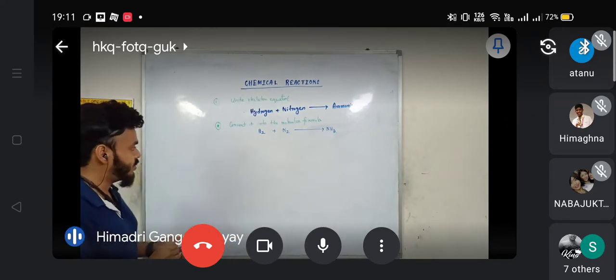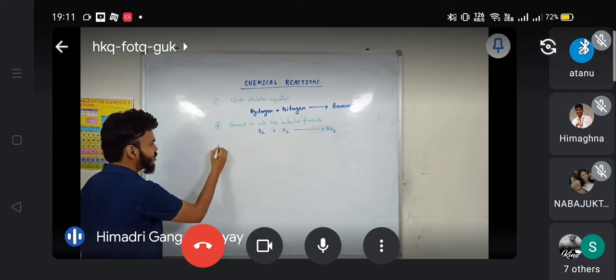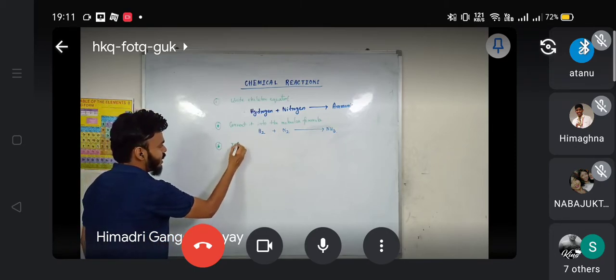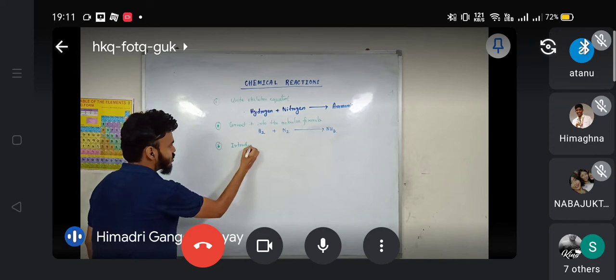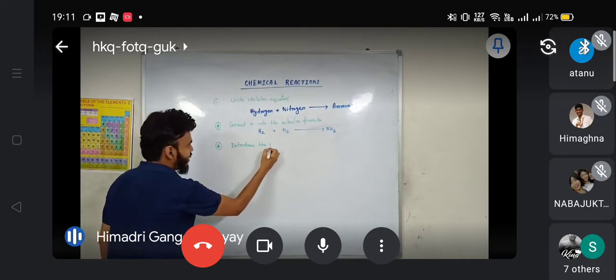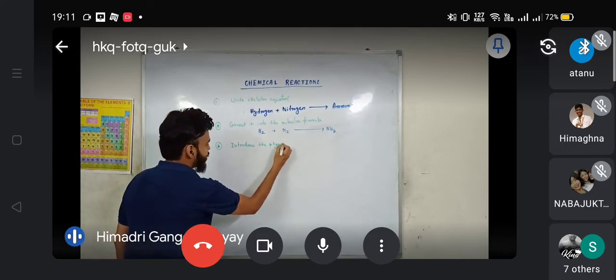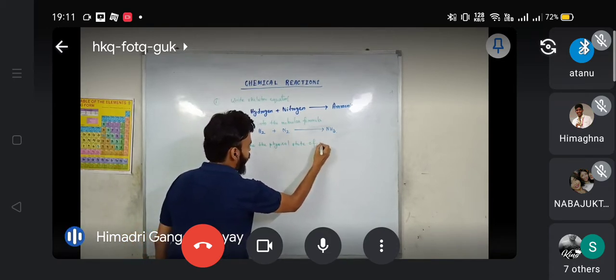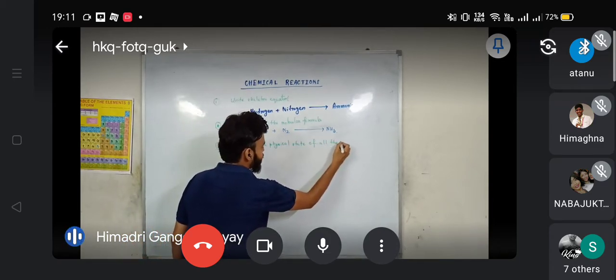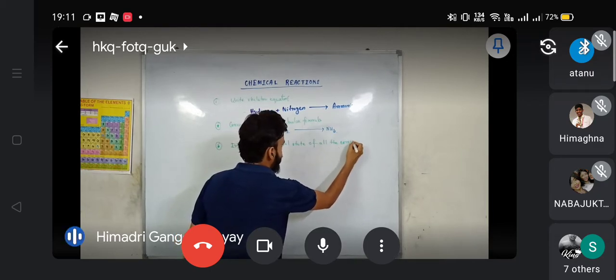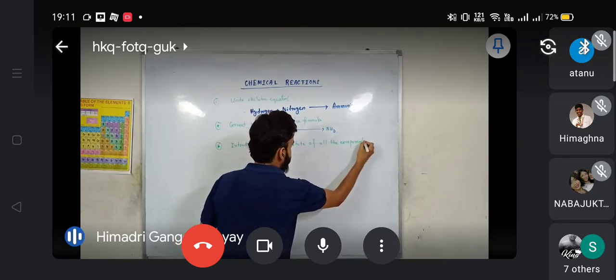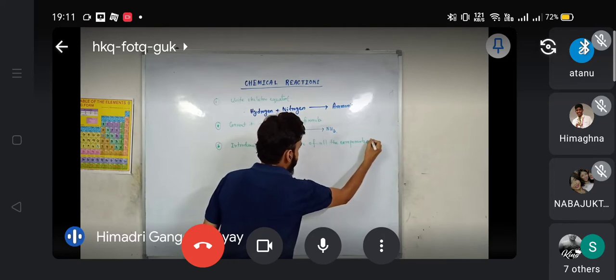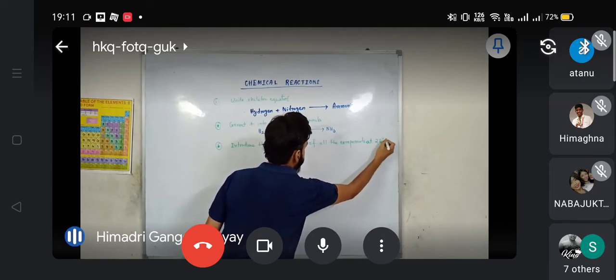Step number 3, that we have to introduce the physical state of all the components at room temperature.